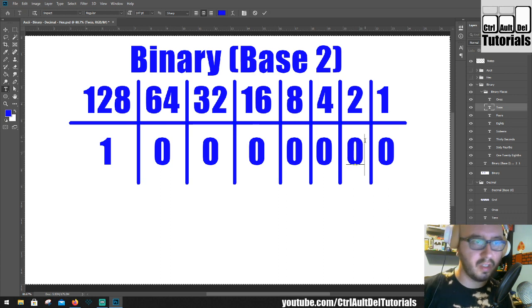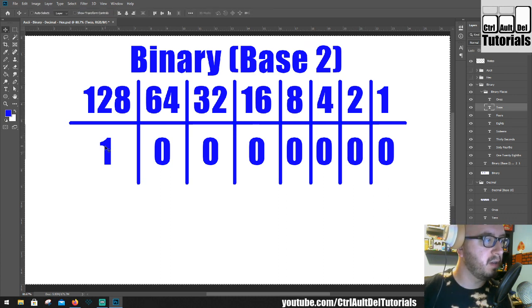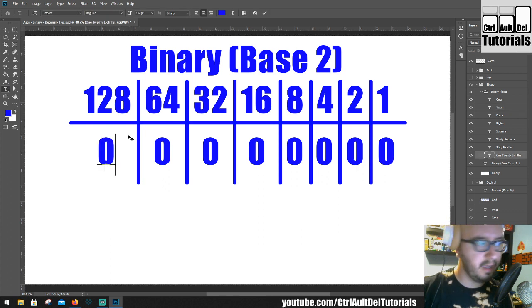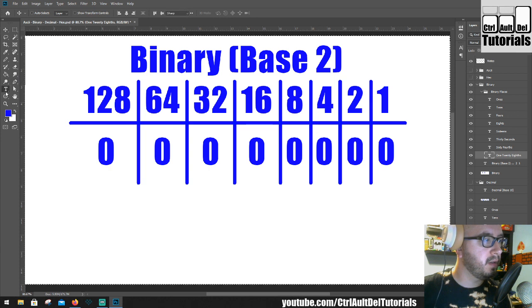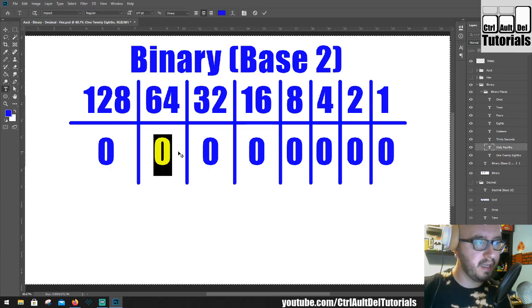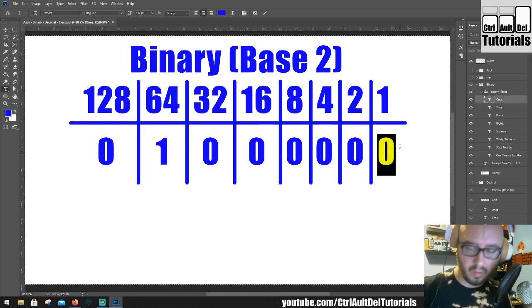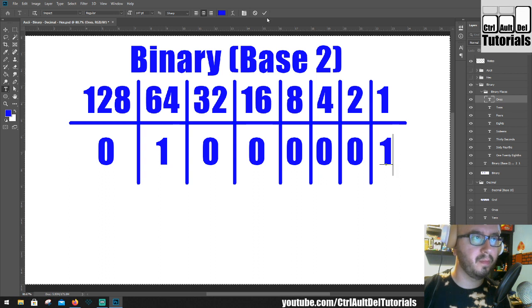Let's do one more just so we make sure we know what's going on, and we'll show how this works with the other number systems. So let's say we take 64, and we have 1 of those, and we take 1 of these. So we have 1 one and 1 sixty-four.